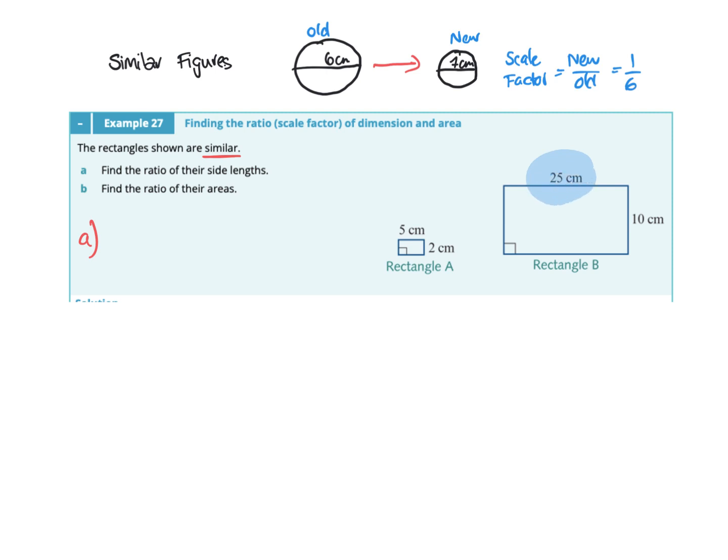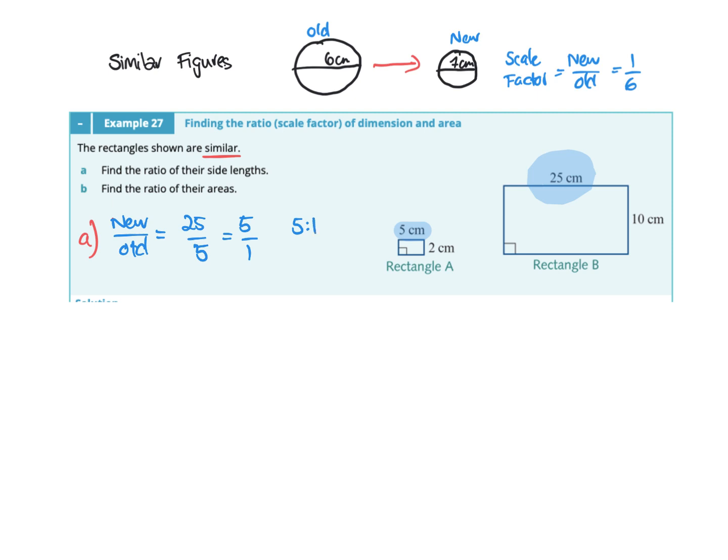Here we're going to take the long side, and we'll go new over old if you like. It would be 25/5, which simplifies to 5/1. You could write it as a ratio, 5:1.